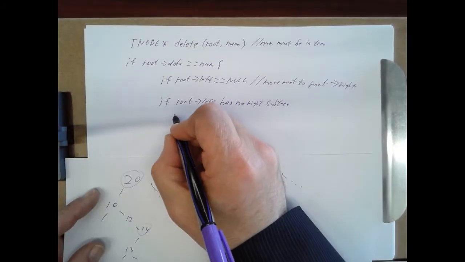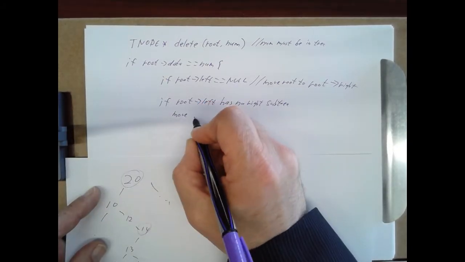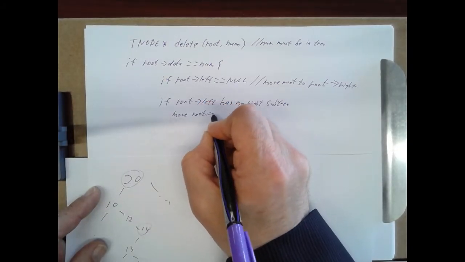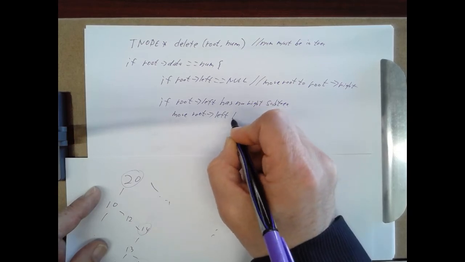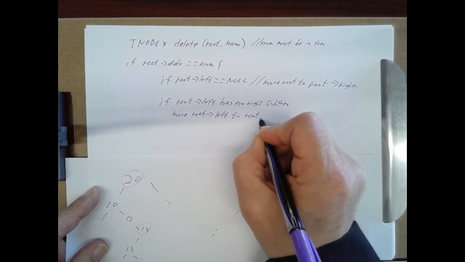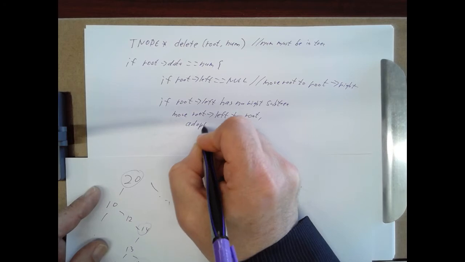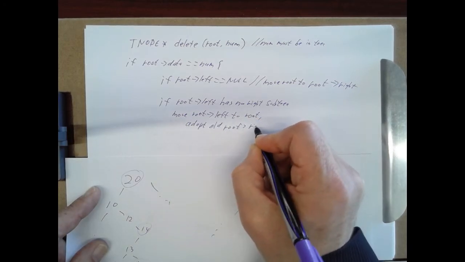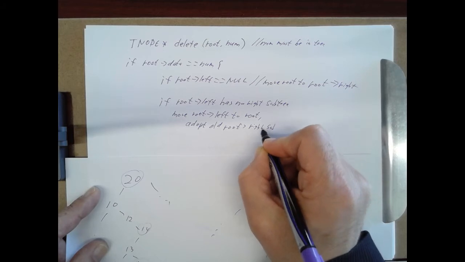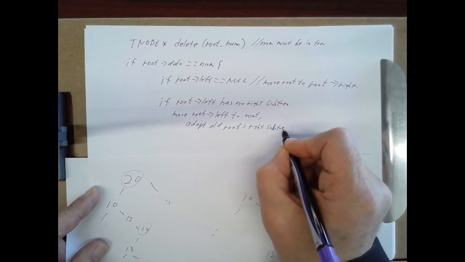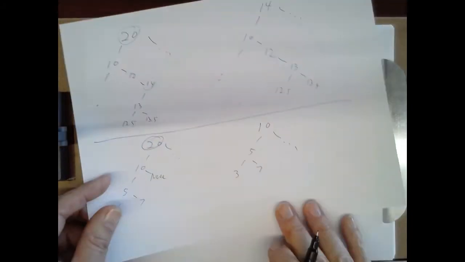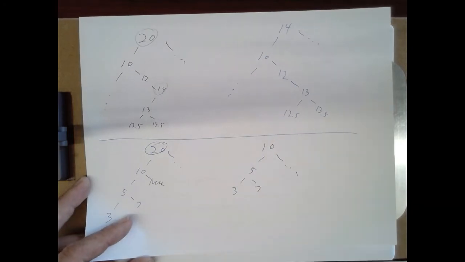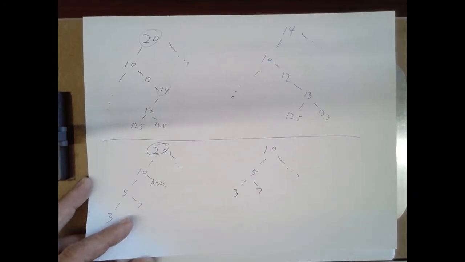So move root left to root and adopt the old root's right subtree. And return the new root as usual.